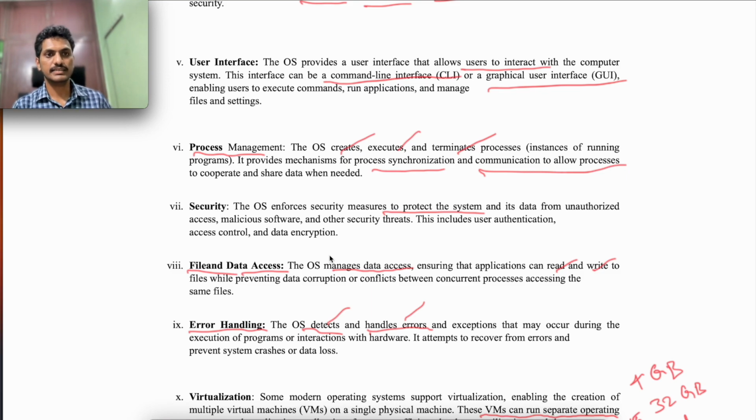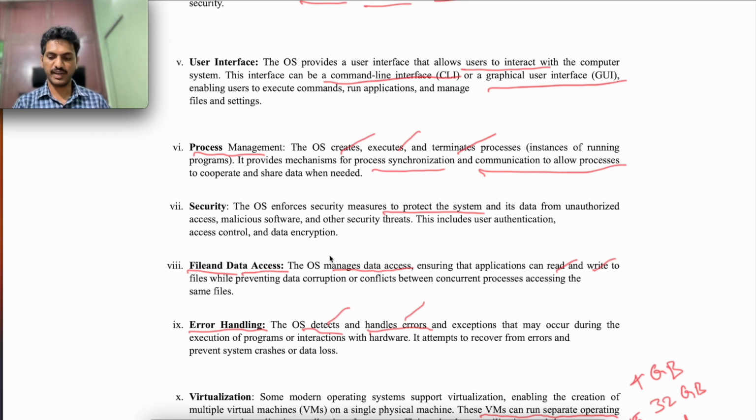Batch processing means more than one process. Suppose 4 or 5 processes, you make them into one batch.